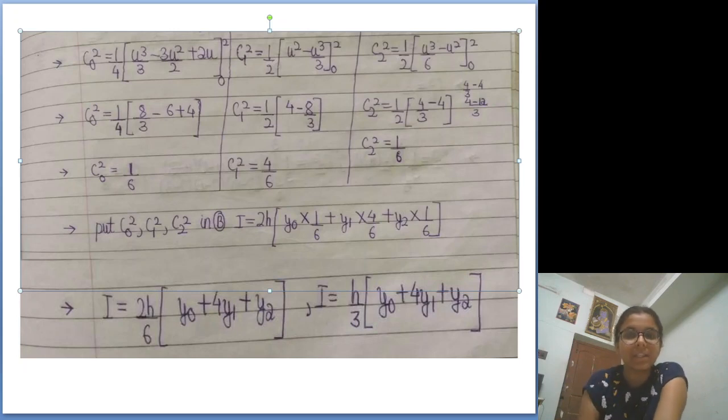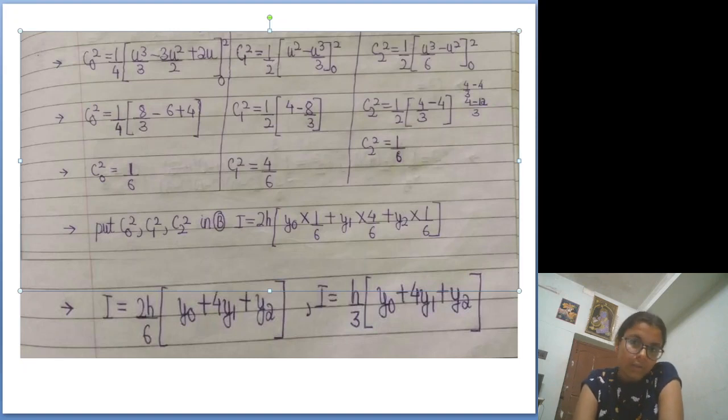So you can see the expanded form here is integrated and the limit is defined here. We would just put the value of limits inside and get the value as 8/3 minus 6 plus 4. Then we would get the value of the next combination, which would be 4 minus 8/3.